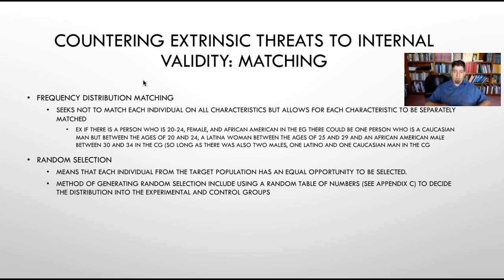But the key here is that each individual from the target population has an equal opportunity to be selected. And when you put that into practice and couple that with the epistemological power of the experiment, you have a pretty good epistemologically based methodology, provided you've also addressed the internal threats to validity discussed in the next video.